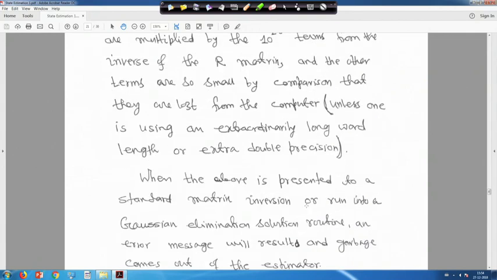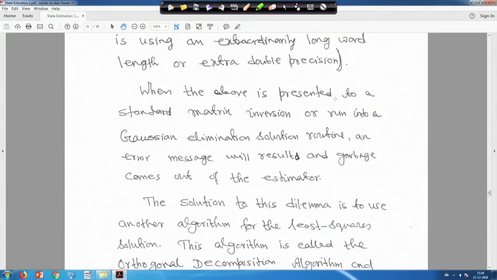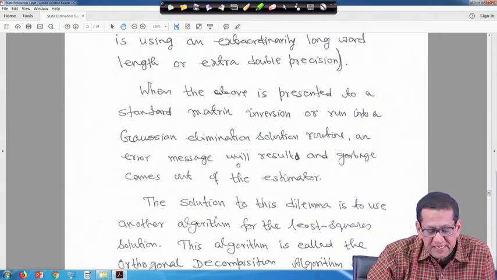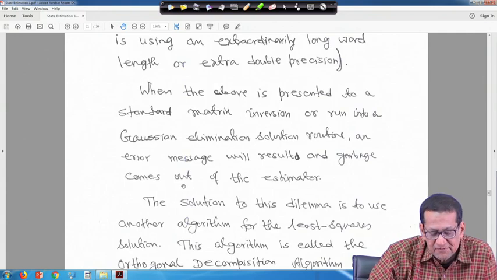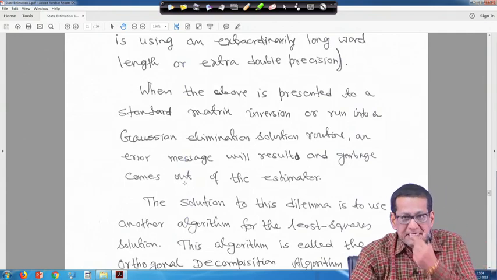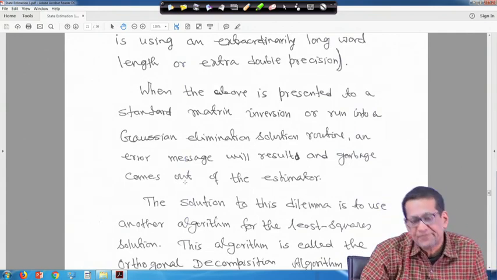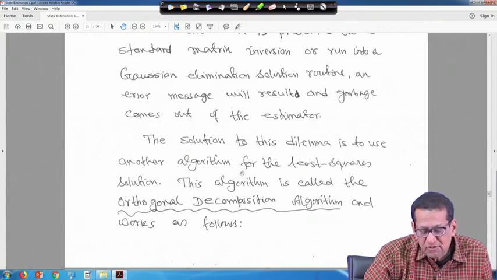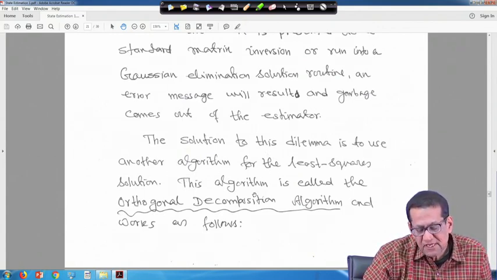So when the above is presented to a standard matrix inversion or a Gaussian elimination solution routine, an error message will result and garbage comes out of the estimator, because the matrix becomes singular.